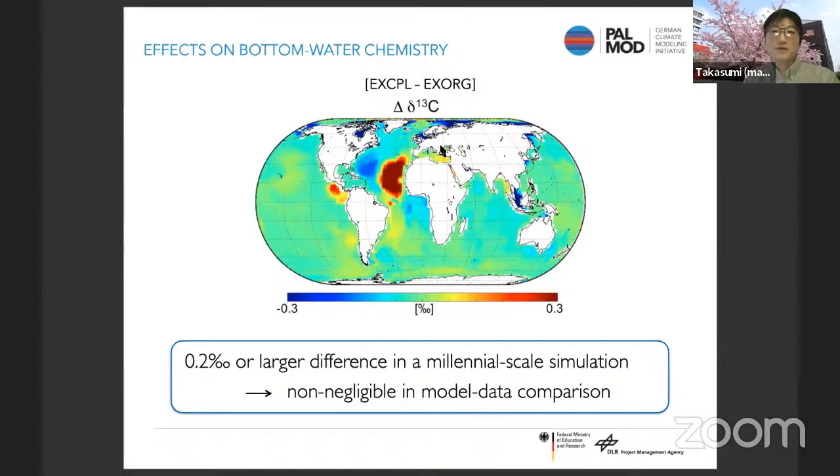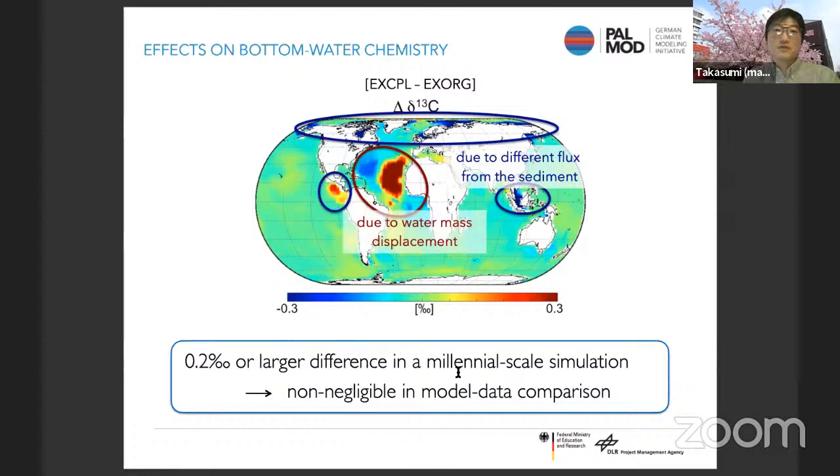For example, if you look at the delta carbon 13 field, the difference between X-couple and X-org is like this, and it was as large as or larger than 0.2 per mil, even in the millennial timescale simulation. That magnitude is not negligible in model-data comparison in a paleo context.